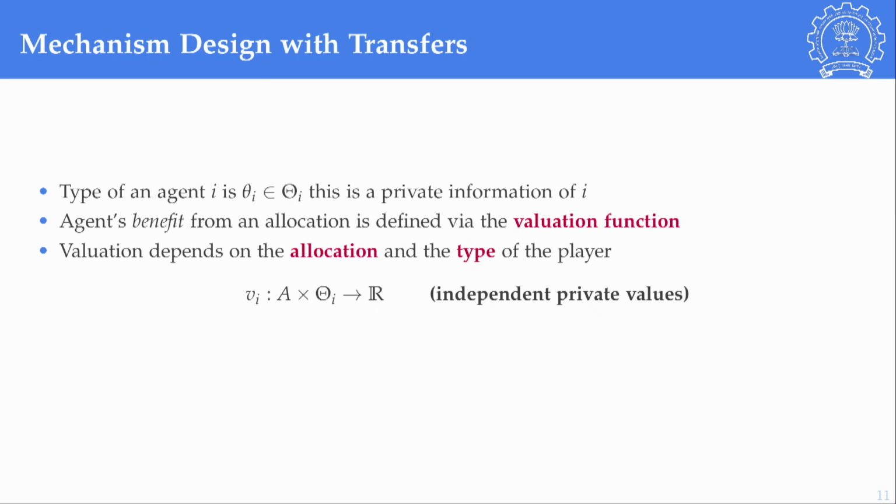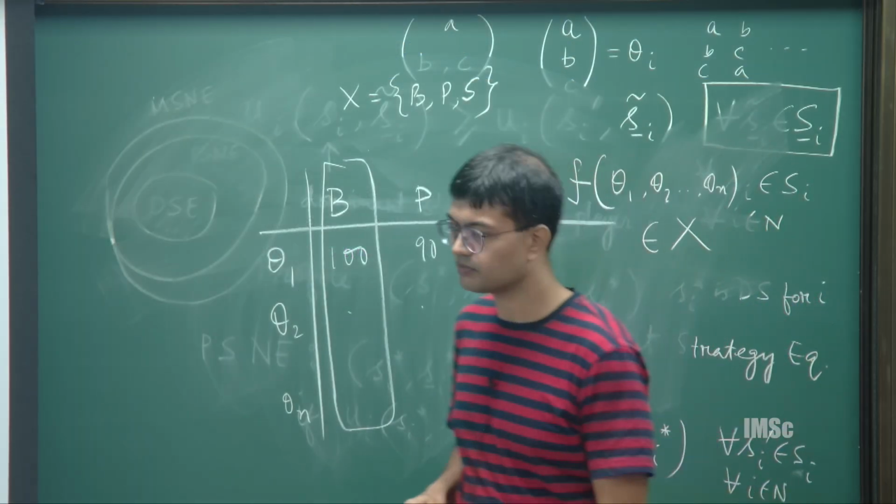Think about that public project, whether the bridge is built. I am talking about agent 1. V1, when its type is theta, if the allocation a happens to be the bridge, then his valuation is 100. If the park is built, 90, and so on.